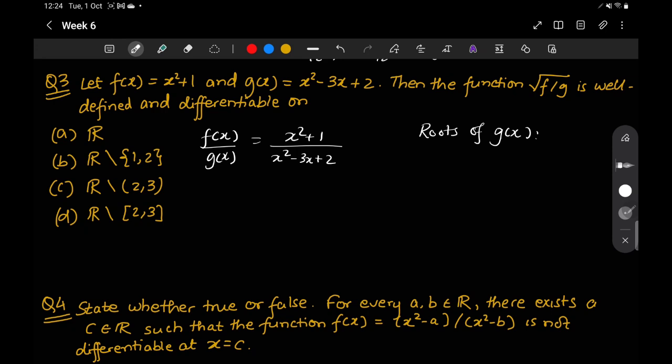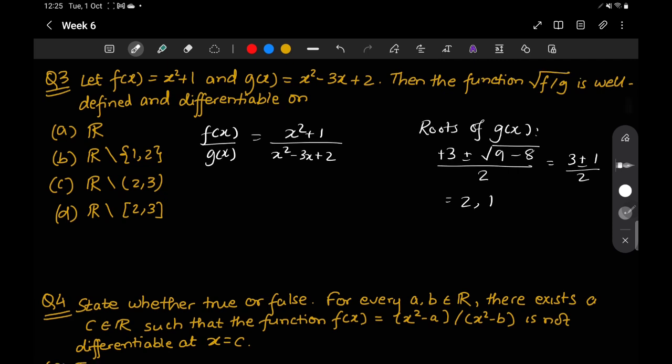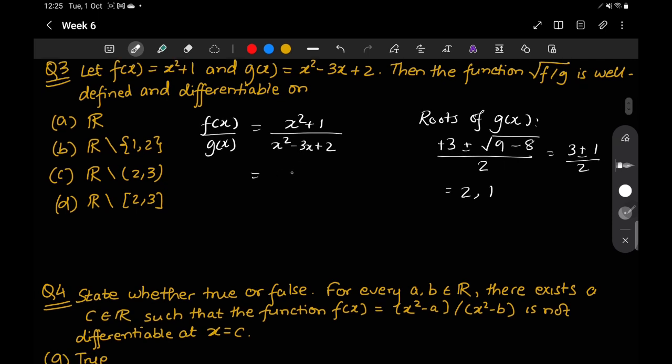It's a quadratic function, so the roots will occur at negative b, which is plus 3, plus minus square root of b squared, which is 9, minus 4ac, a is 1, c is 2, 4 into 2, 8, by 2a, a is 1. So this gives me 3 plus minus 1 over 2, which is 2 or 1. So that means the denominator can be factorized as follows: x minus 2 times x minus 1.